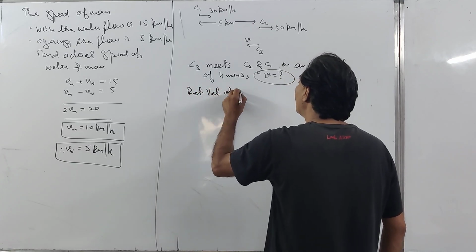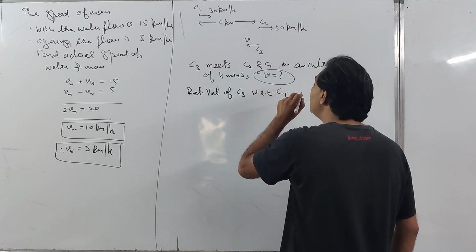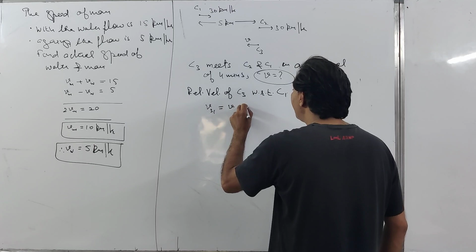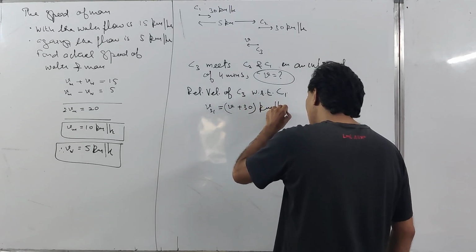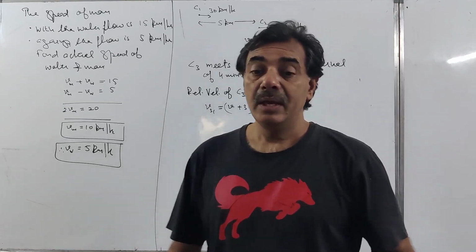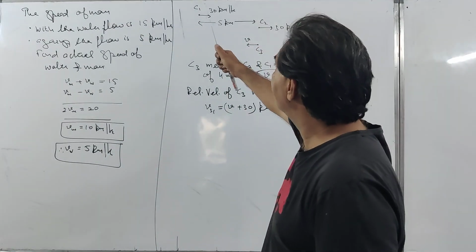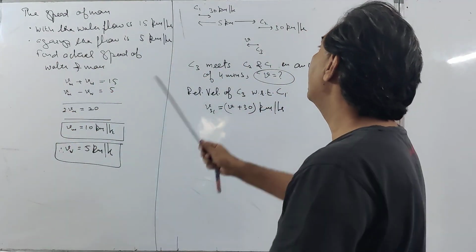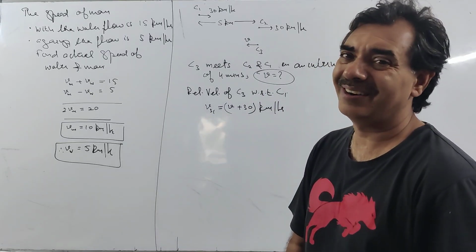Relative velocity of C3 with respect to C1 is V31, which will be V plus 30 kilometers per hour. What does this mean? It appears, today all the questions are on relative velocity. It appears as if C1 is at rest, we stopped it, and C3 is moving with the speed of V plus 30 kilometers per hour.